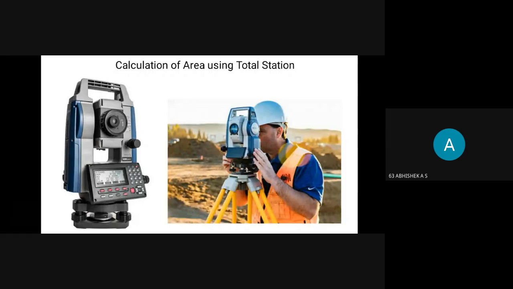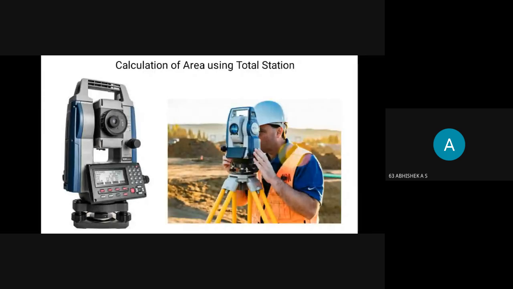EDM means electronic distance meter, used to find the distance between points. The theodolite is a surveying instrument used to find the angle between two points. The angle can be horizontal or vertical.